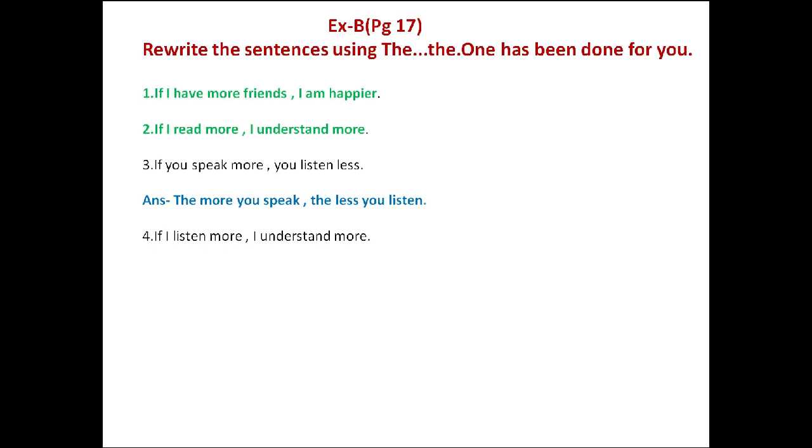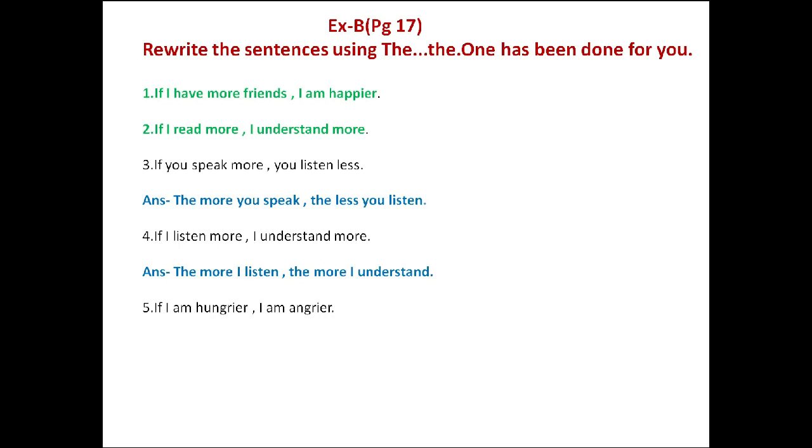Next sentence. If I listen more, I understand more. What will be my answer? Again, you will follow the same pattern how I have taught you to identify subject, verb and comparative degree of adjective and then follow the formula. The answer will be the more I listen, the more I understand. Next, if I am hungrier, I am angrier.